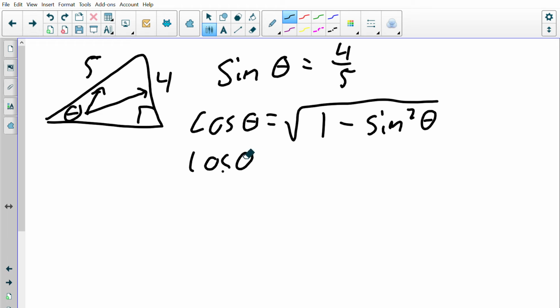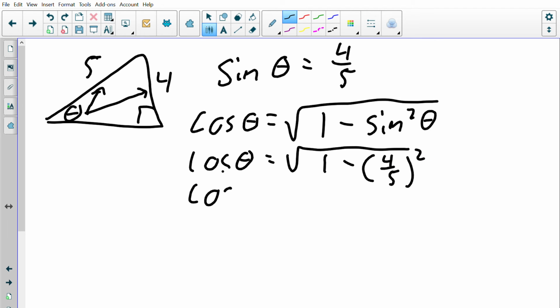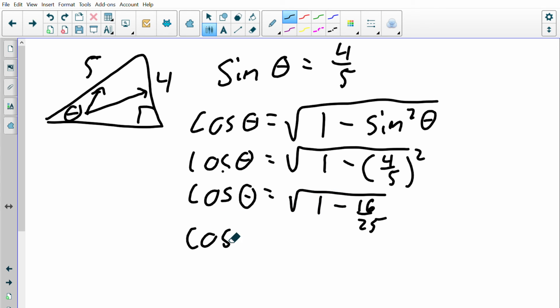So that means that is 1 minus 4 over 5 squared. So I get cosine is equal to 1 minus 16 over 25. I'm going to convert this into a fraction so that I can subtract them.